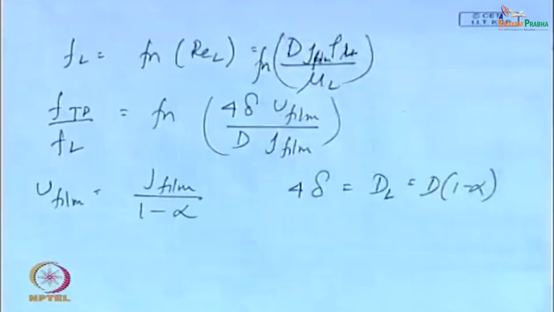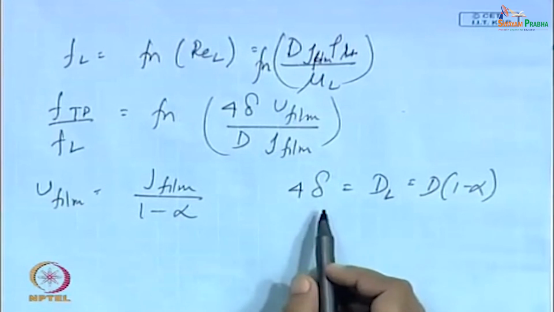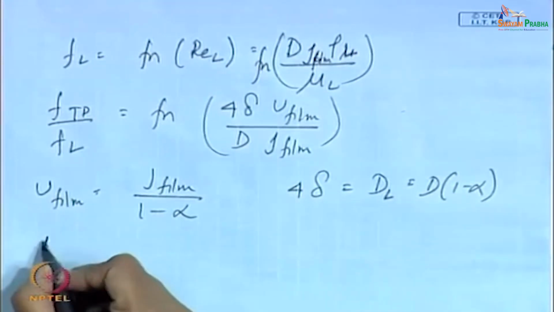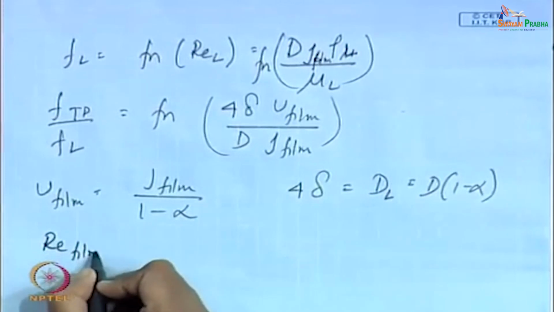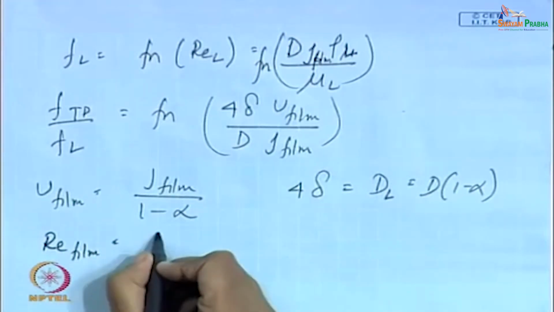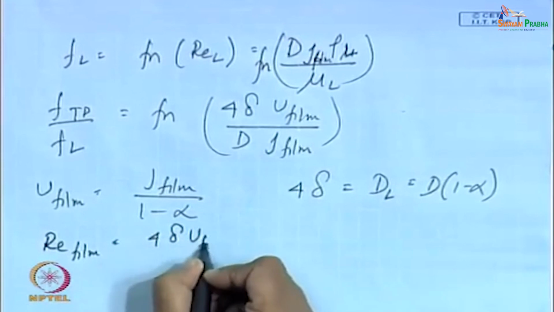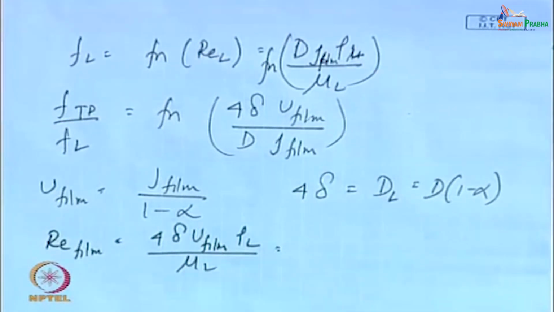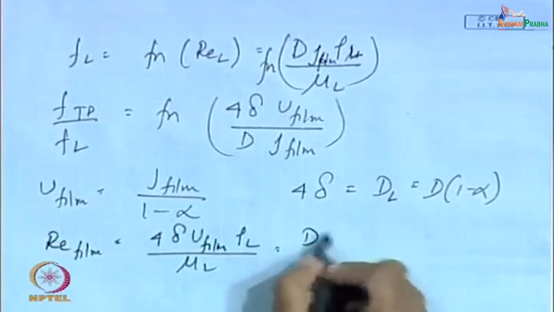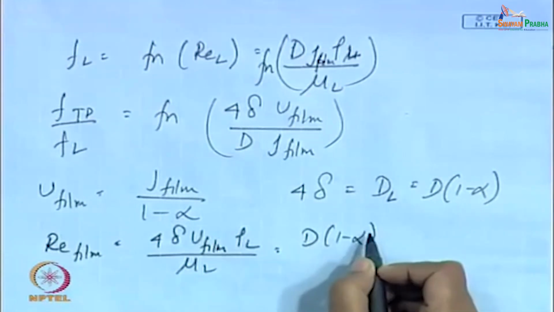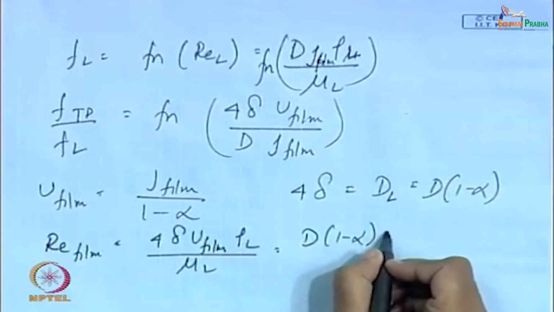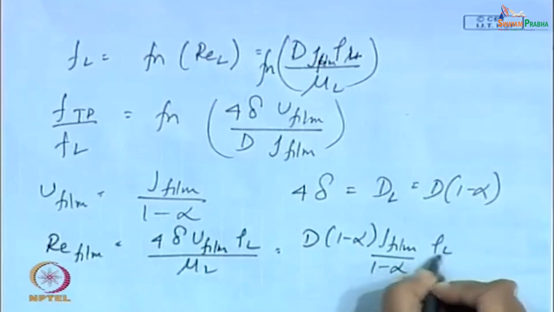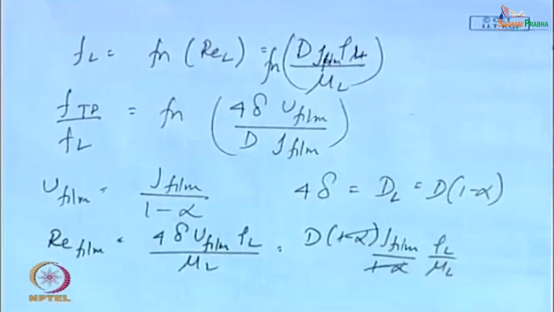Okay. So, from these two things what do we find? We find that Re film is equal to 4 delta U film rho L by mu L. So, instead of this 4 delta I can write D into 1 minus alpha, and instead of this U film I can write J film by 1 minus alpha, rho L by mu L. Can I write this, yes or no?